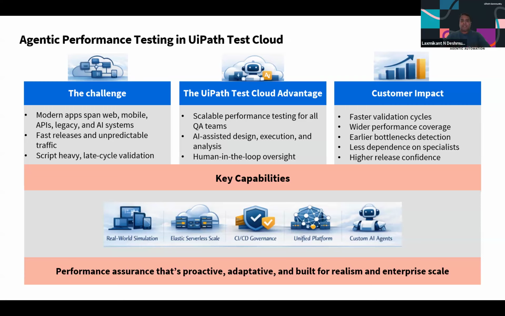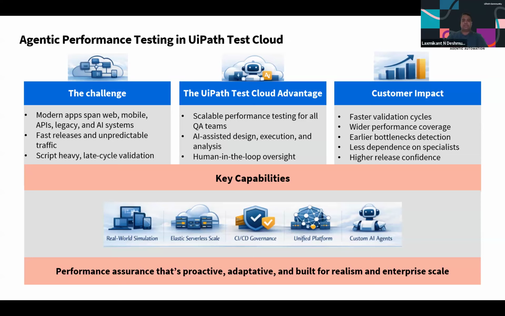But UiPath Test Cloud helps you achieve scalable performance testing for all the QA teams, and it's a unified platform where you don't have to learn any new techniques or a different language for performance testing. Our AI-assisted design, execution, and analysis will help you achieve performance testing with the same capability that you have for functional testing, right?